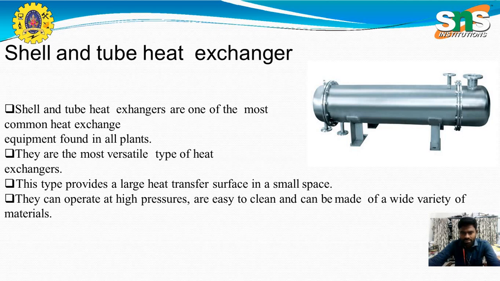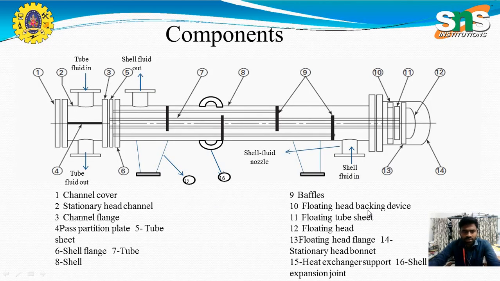As I said earlier, in this shell we have n number of smaller tubes, which give a larger surface area to attain the maximum heat transfer and higher efficiency in the heat transfer rate. They can operate at high pressure, are easy to clean, and can handle a wide variety of materials. So this is the 2D diagram of a shell and tube heat exchanger.